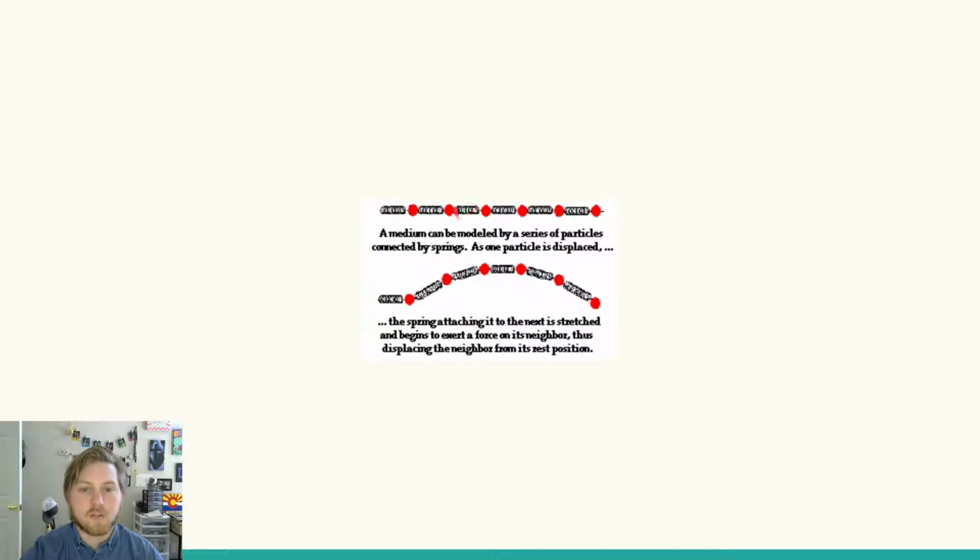So this one gets pulled down, but this one's going up a little bit more because it was being pulled up on this side. And now this one's pulled up and pulled up and pulled up, and so then we get this shape. Notice this one is back into its original position, but this one's been pulled upwards. Right now, this side is pulling down, and so this one's going to come down, and so on and so forth.